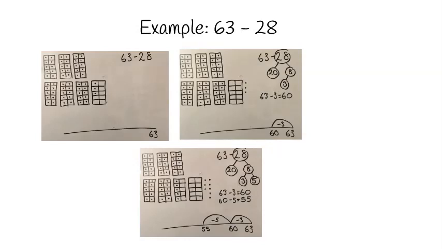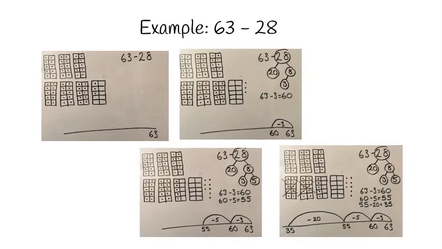This part now requires application of number bonds to 10. Again, this needs time to be explored in its own right to ensure pupils understand this and have made the connections. I know I've taken away 8 now, so have 20 more to subtract. 55 take away 20 is 35, so 63 minus 28 equals 35.